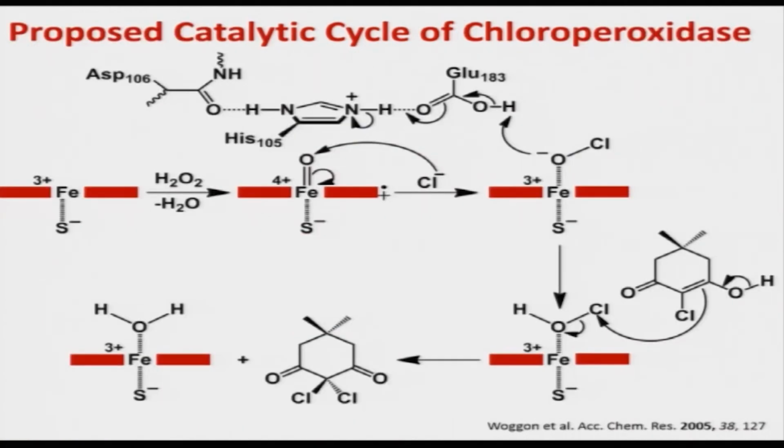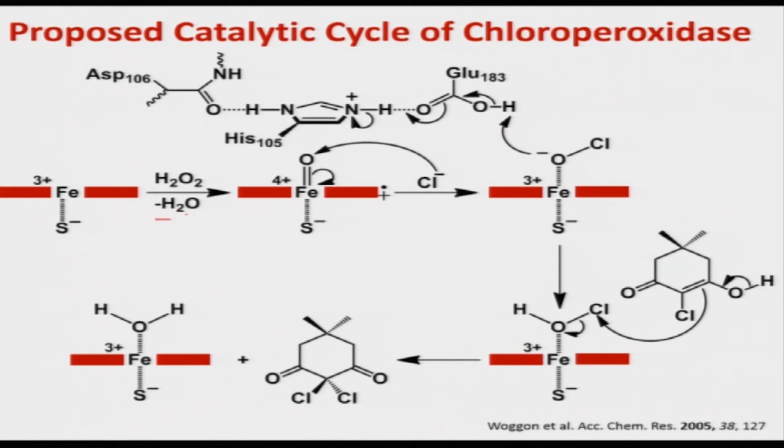Now, let us look at the catalytic cycle of chloroperoxidase. As we have observed in the case of peroxidase, the mechanism is very similar. So, what is happening? The resting state of the enzyme is shown over here, which is getting oxidized to iron 4 oxo cation radical by hydrogen peroxide.